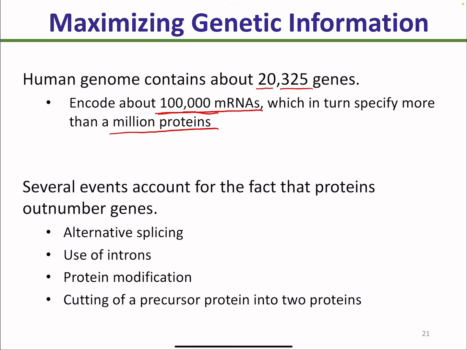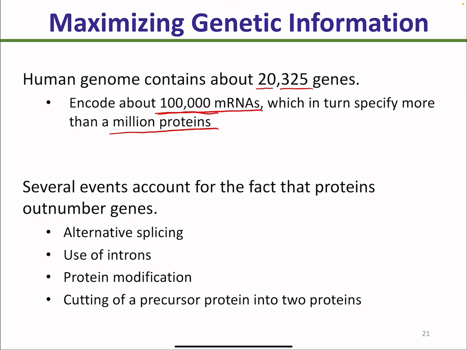Now, we are finding out that the cell has a way of doing things that actually makes all of this possible. All right? Now, what are some of these approaches that allow a cell to actually have more proteins than it has genes?